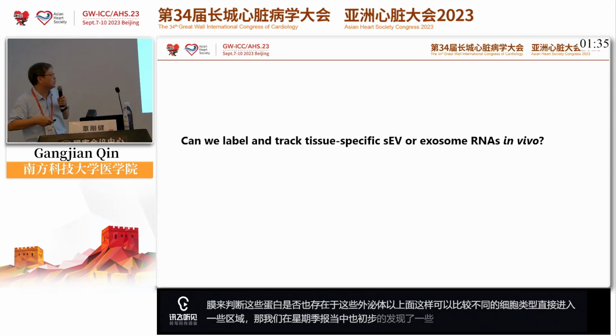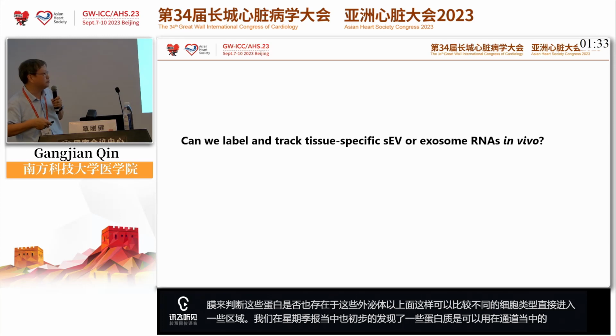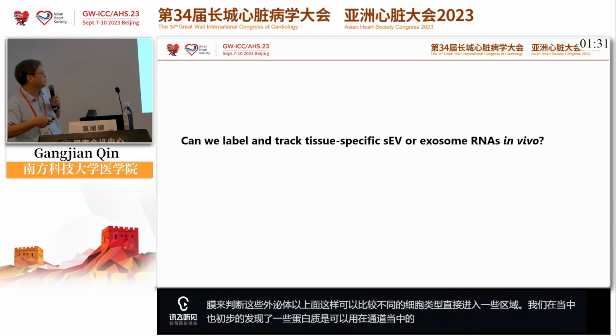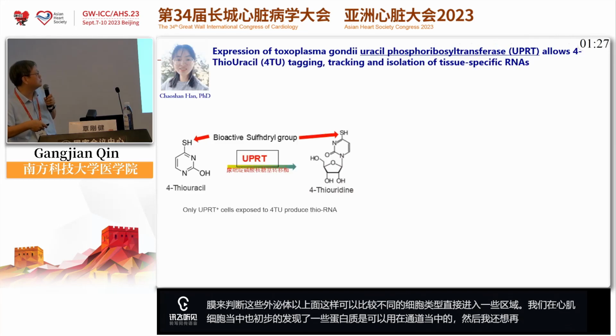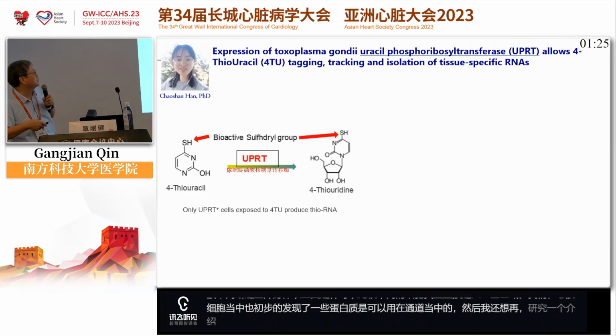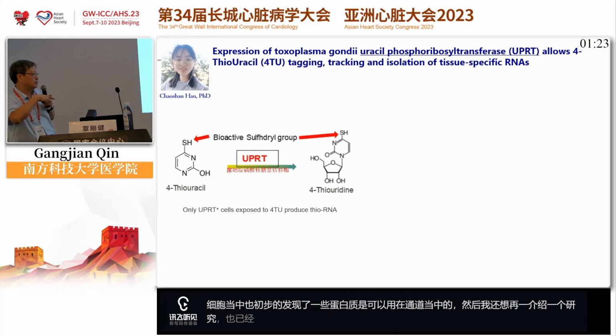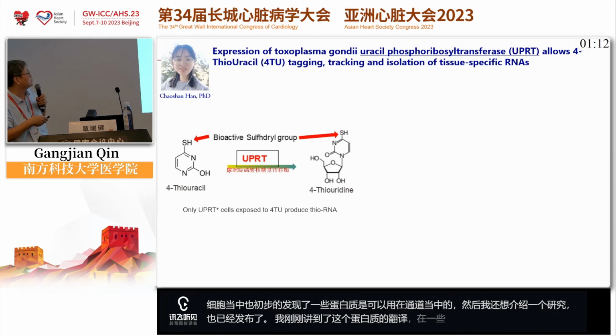Also, I'm not sure how many minutes we have, so just to introduce one more study we have performed, which is already published. I introduced the protein synthesis metabolic labeling just before. Now we also use the same strategy to label RNA metabolically through UPRT.